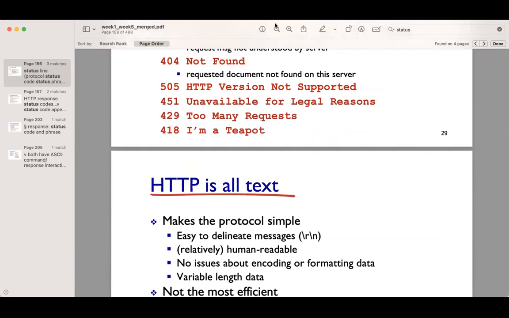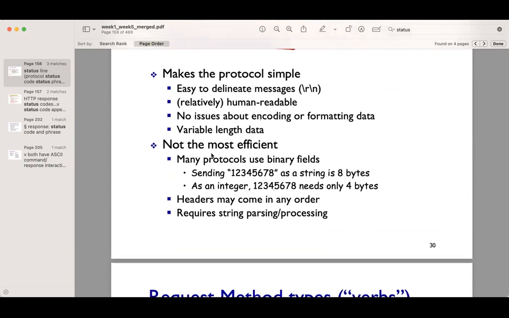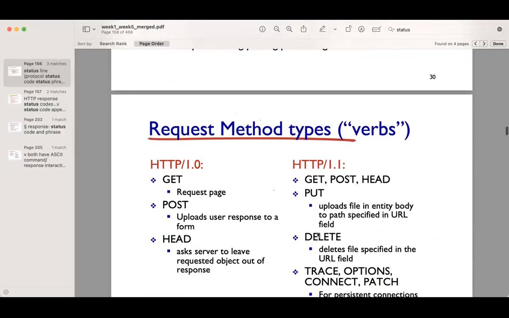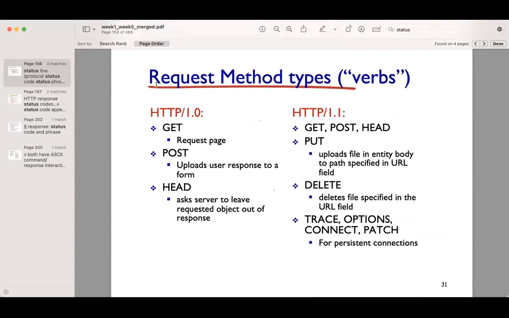And what's next? Let me check. What else do we need to know? Yeah, next one is the methods. As you can see here, we have lots of methods in the request. Then you need to figure out why we need to use each kind of method, and in which case we need which method.